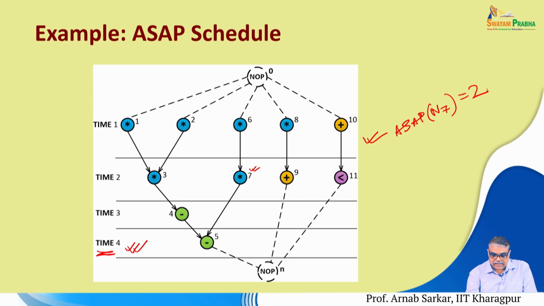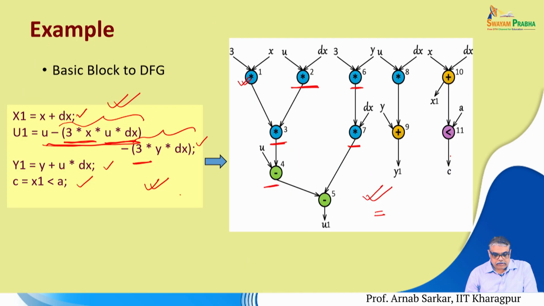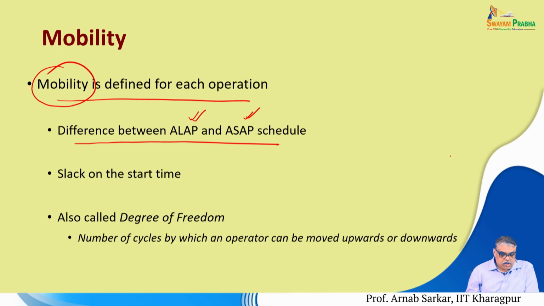The ALAP minus ASAP is 3 minus 2, which is equal to 1. So, mobility of node 7 is 1. Similarly, for others we can obtain it. So, mobility gives an idea of the slack on start time that we can possibly have, in this case with unconstrained resources.